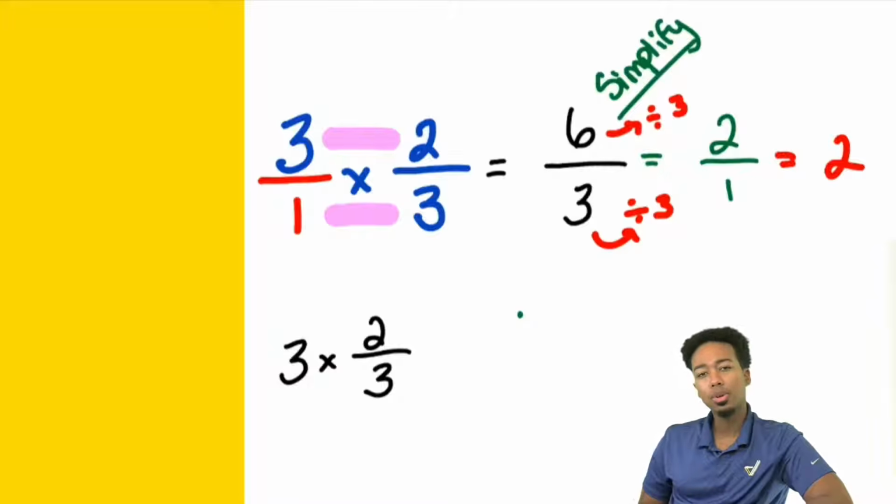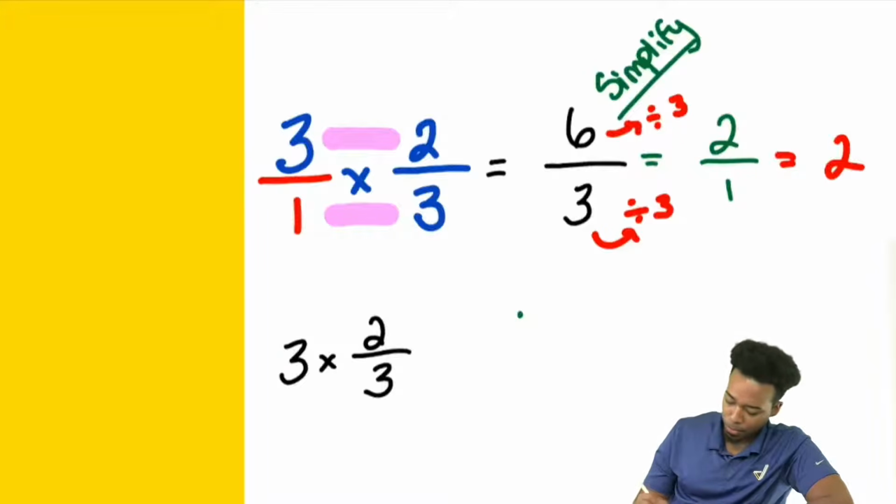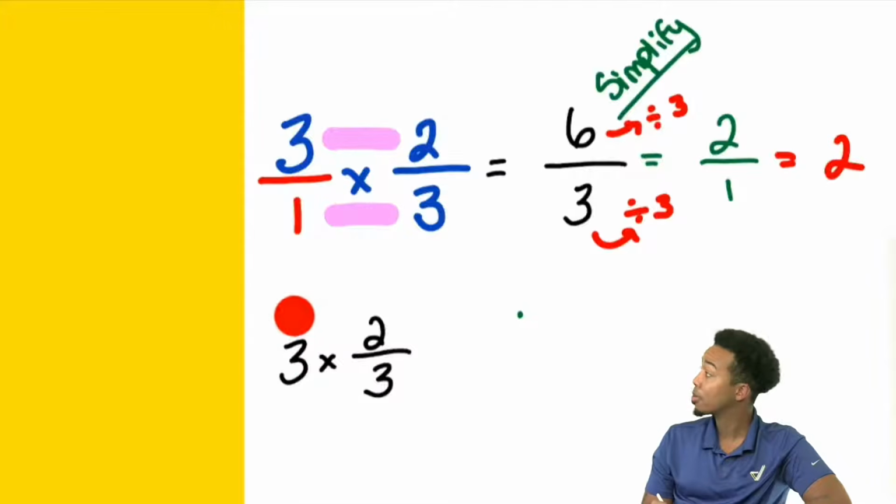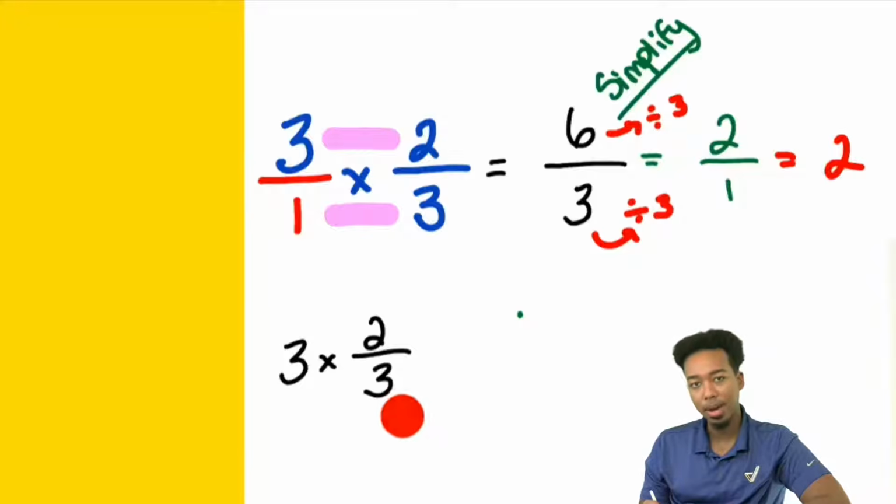Does anybody here notice that the 3 on the left, the whole number 3, is that 3 going to multiply with the top or the bottom? Yeah, it's going to be at the top. And then there's also a 3 on the bottom.